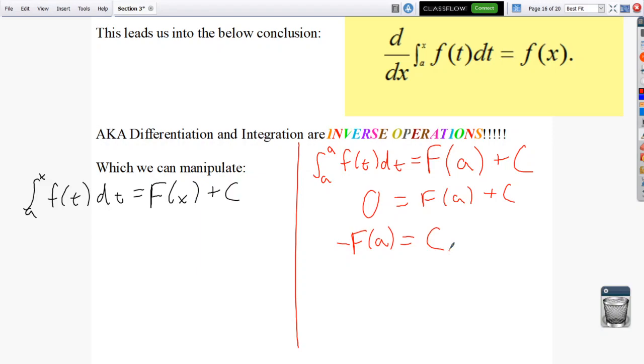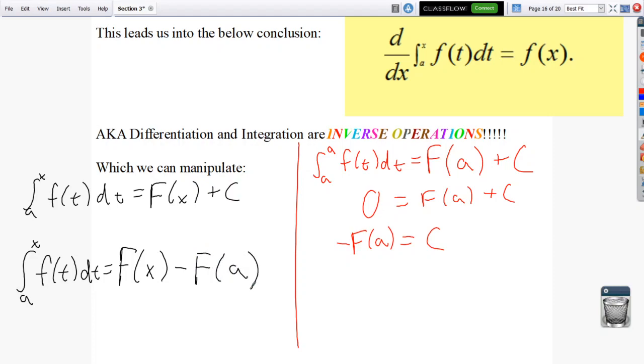So going back over to the left-hand side of my paper, I can now find out how to calculate an integral by hand. The integral from a to x of f of t dt is equal to the antiderivative at the upper limit minus the antiderivative at the lower limit.